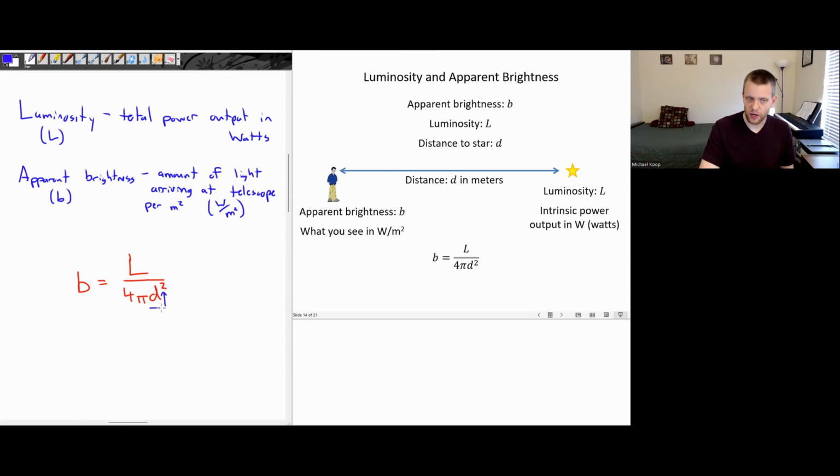And if I make the denominator of a fraction larger, that will have the effect of decreasing the value of that fraction. So if all I do is increase the distance, it will be less bright. The apparent brightness will be less to our eyes.